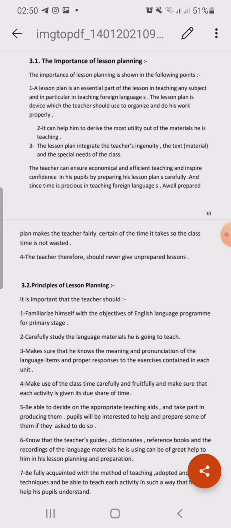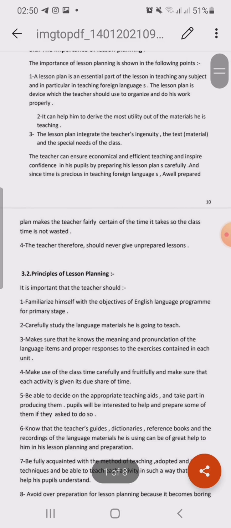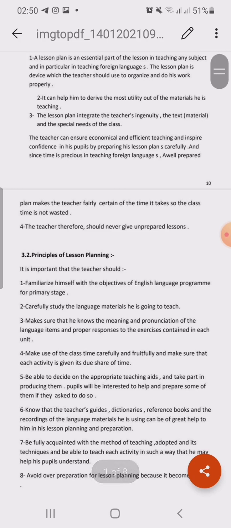Number 3, the lesson plan integrates the teacher ingenuity, the text or the material and the special needs of the class. يعني هذه المحاضرة تخطيط خطة الدرس تدمج براعة المعلم والمادة أو النص اللي راح يدرسه خلال المحاضرة أو الحصة والحاجات الرئيسية للصف. The special needs of the class.